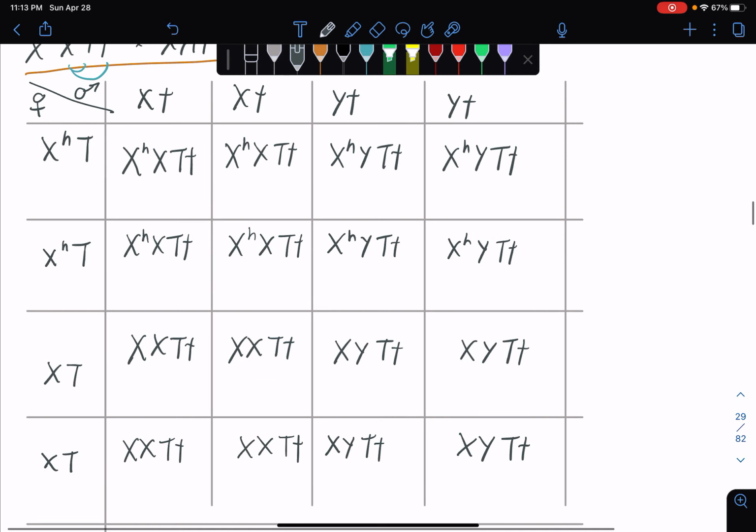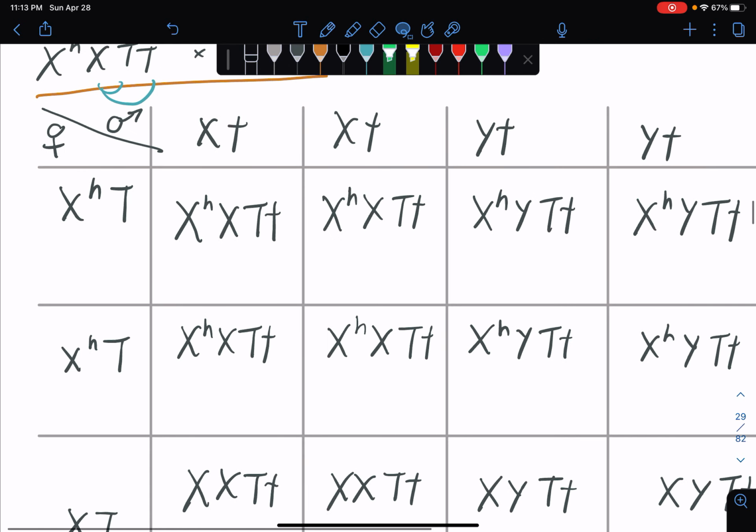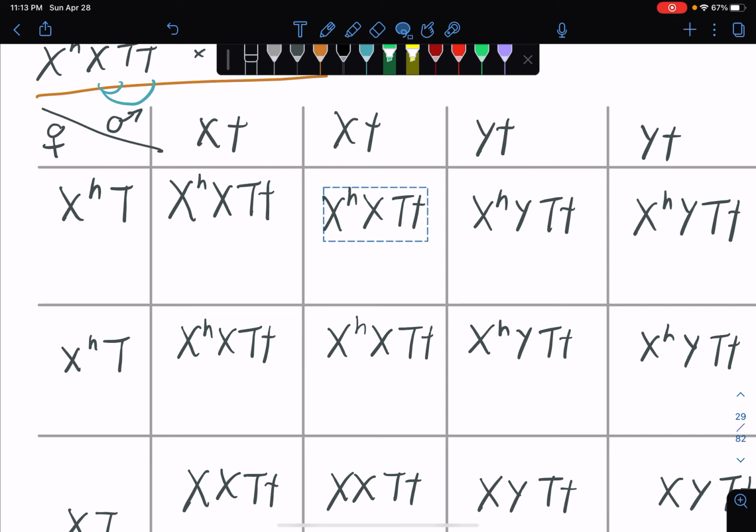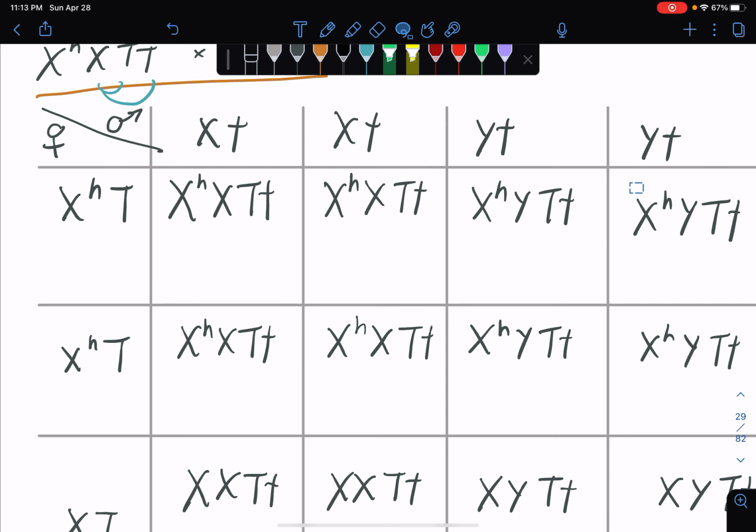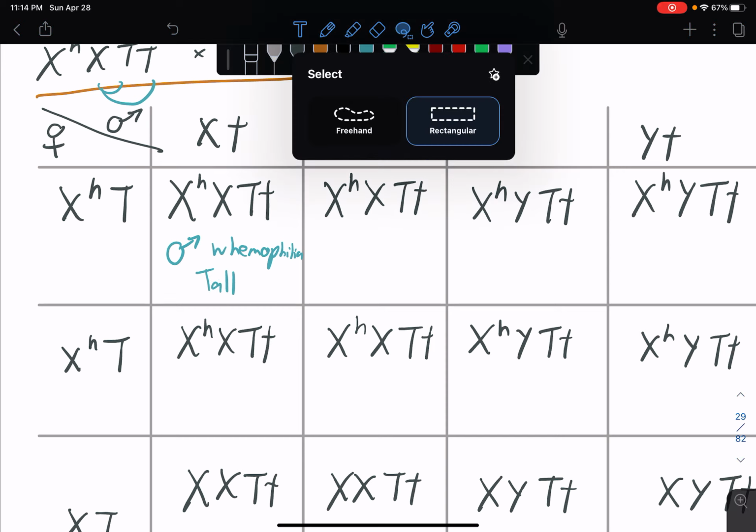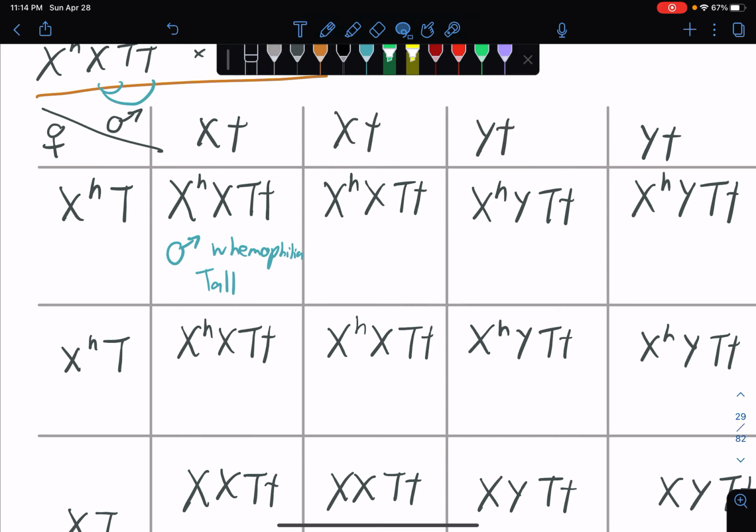Okay, we're finished. Now let's describe them. Here we have a female who is hemophiliac, and she is tall. Next, we have another female.